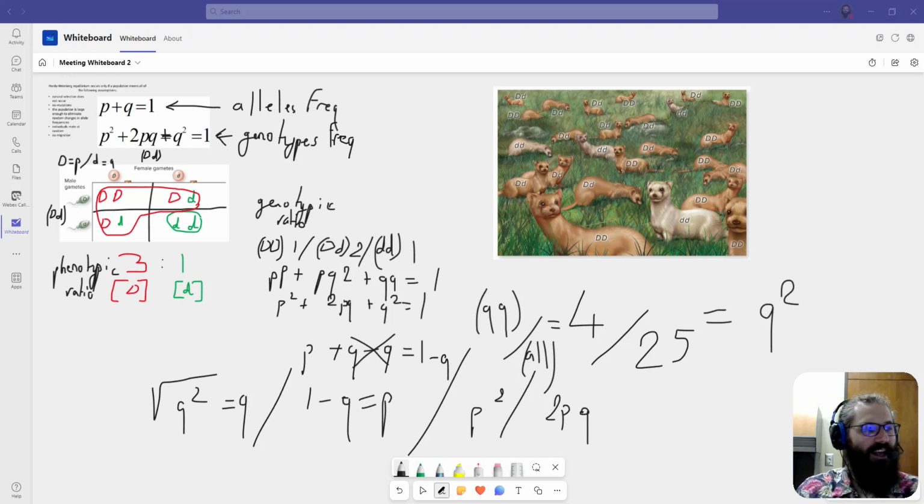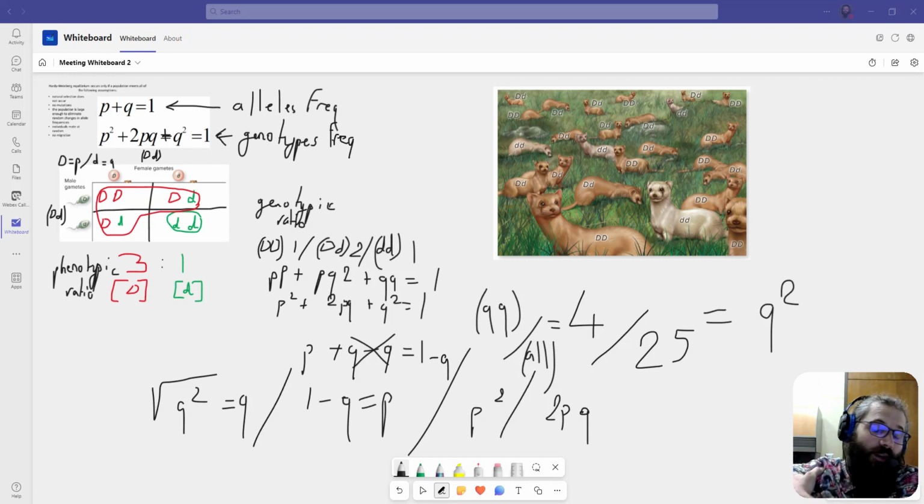So at the exam or anywhere that I give you a question and I give you the percentages of a number of whatever, you should be able to work your way through those equations. So I can give you different stuff, right? I can give you the frequency of the dominant allele in this population is 0.6. Now you can find out q because it's 0.4, p plus q equals 1.